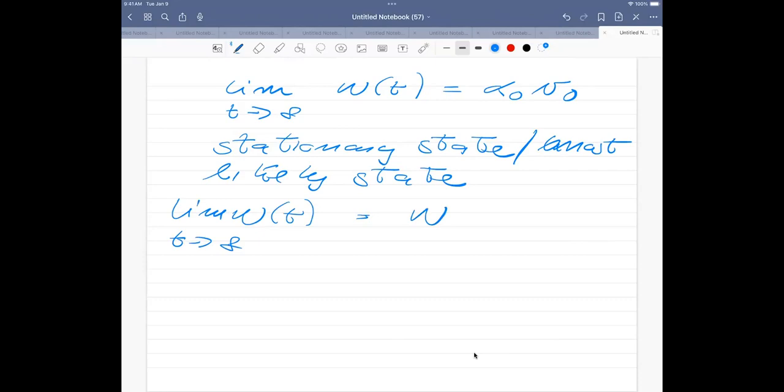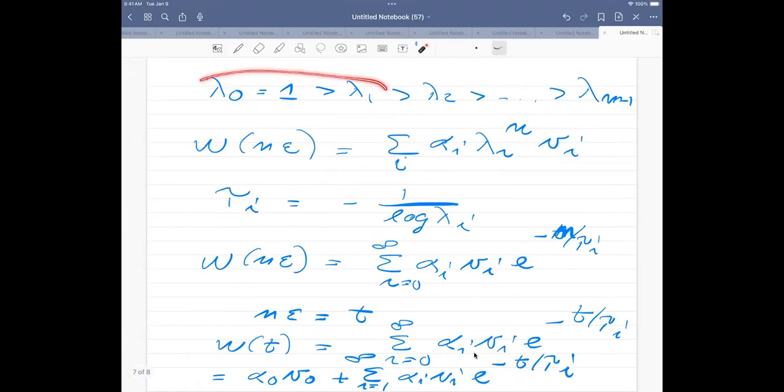So the probability is time independent. It does not depend on time anymore because this quantity which I have here is time independent. These are the eigenvectors of a matrix W, which is time independent. So this quantity which you get here is normally called the most likely state if these eigenvalues are well separated and we converge towards that.